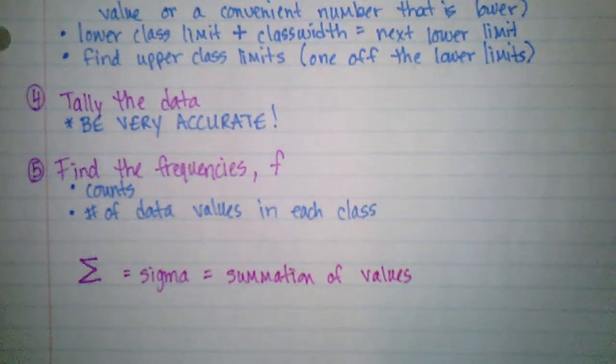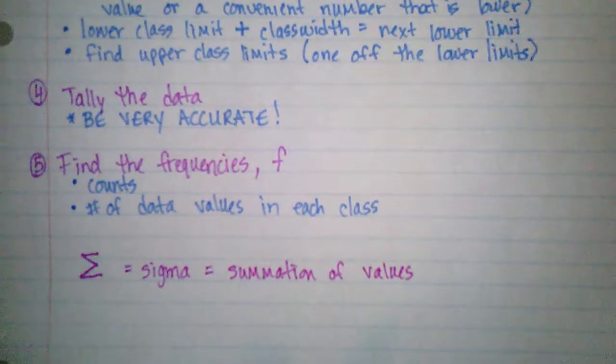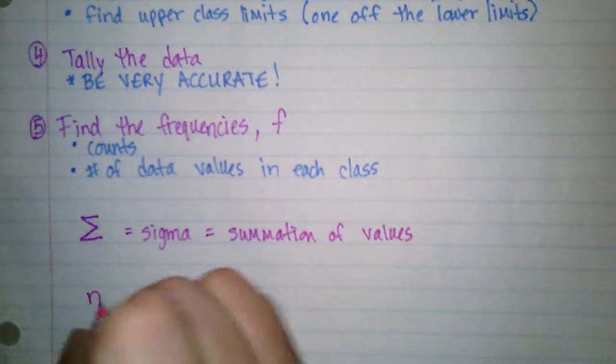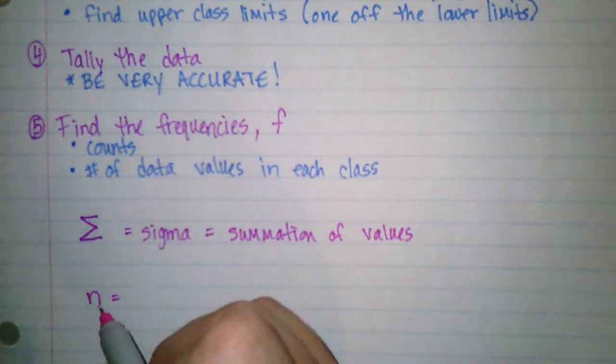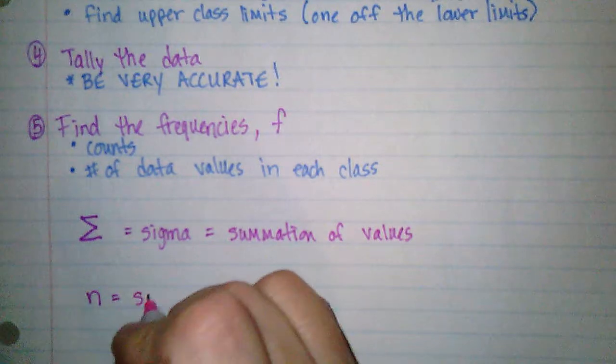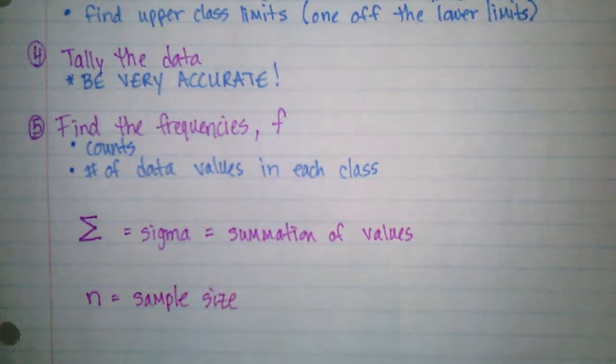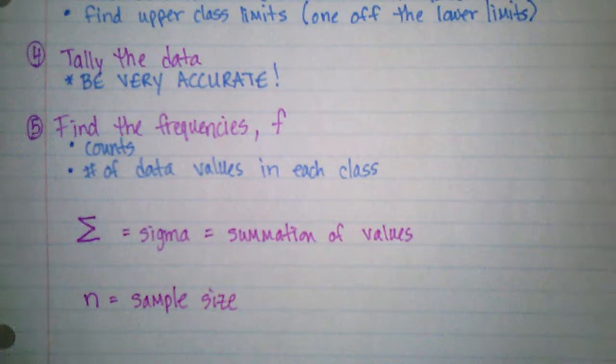So if I said sigma x, that means add up all the x's. If I said sigma p, that means add up all the p's. And then the letter n, and we'll consistently use the letter n to represent sample size. And that is the number of data values that you'll be working with.